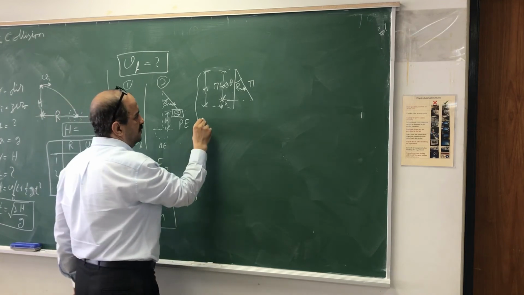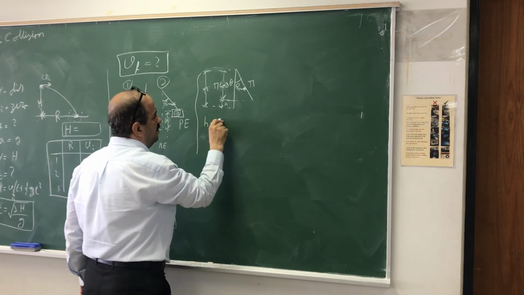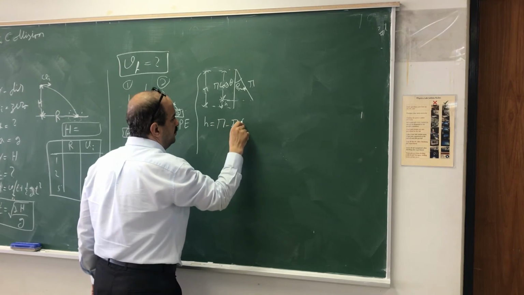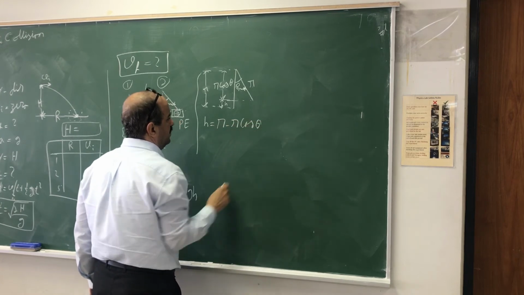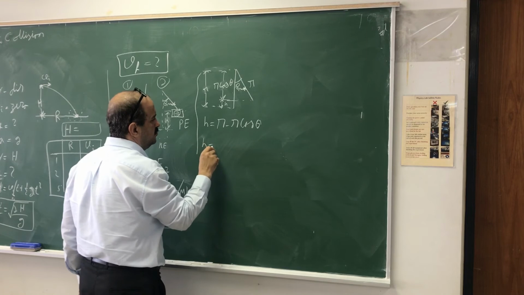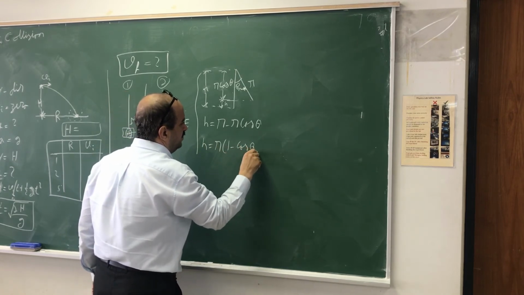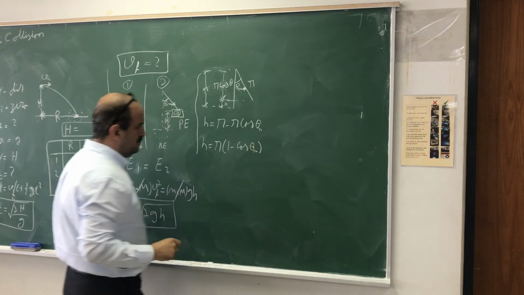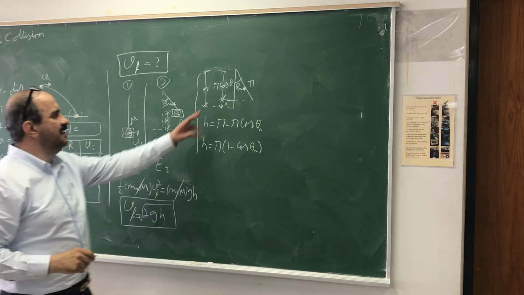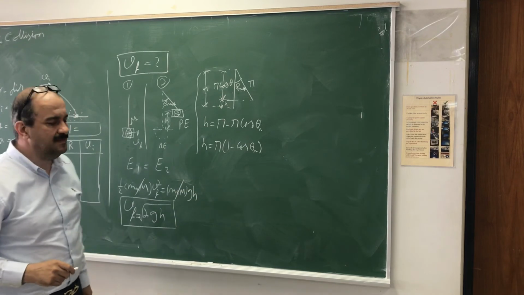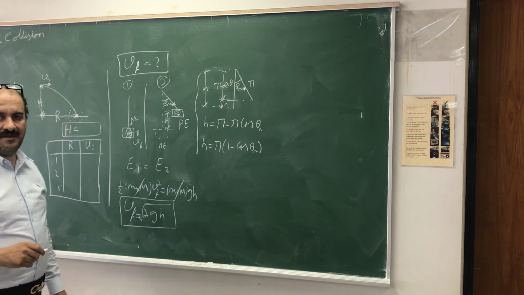Now, to find h experimentally, h equals r minus r multiplied by cosine theta maximum, which means h equals r multiplied by 1 minus cosine theta maximum. Remember that our sensor measures this theta maximum in radians.